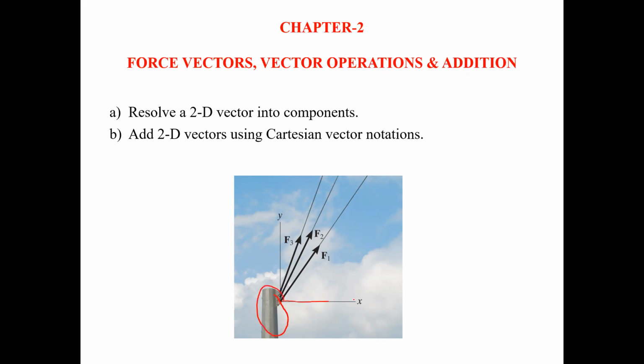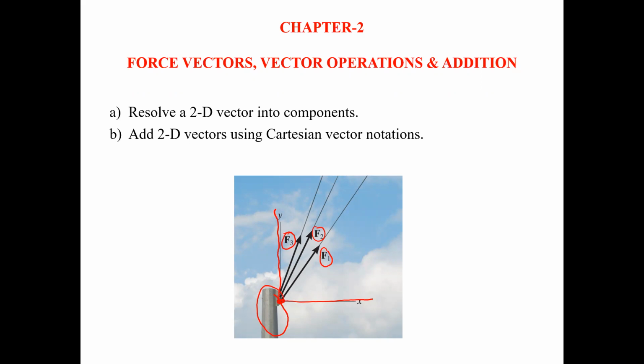We have the x-axis here and the y-axis here. This is the coordinate axis in 2 dimensions. We already know about it. If there are 3 forces acting on this pole at this point, we have F1, F2, and F3.